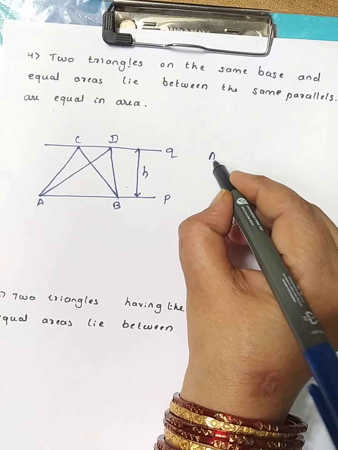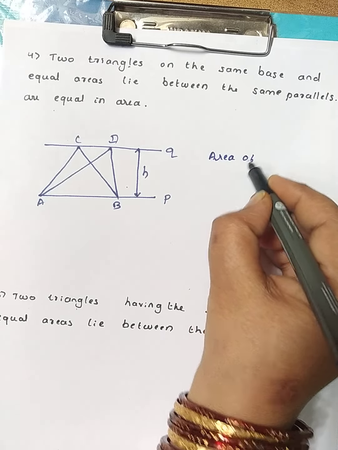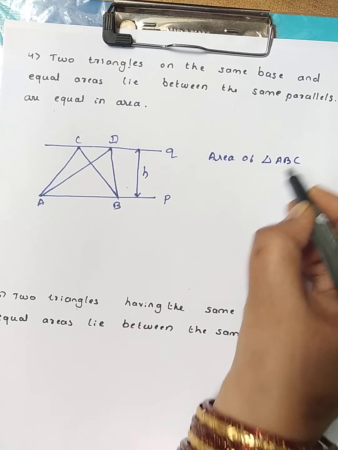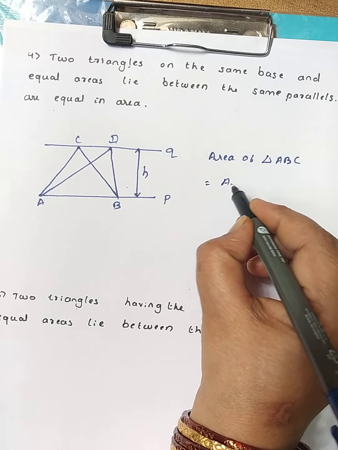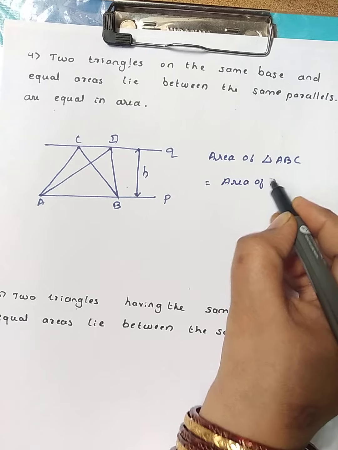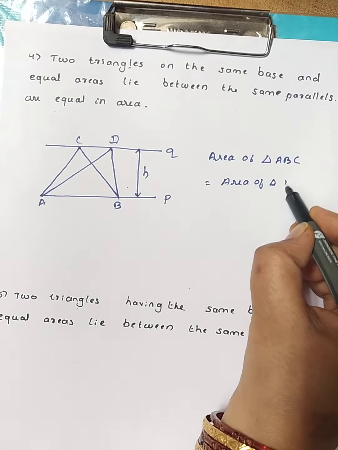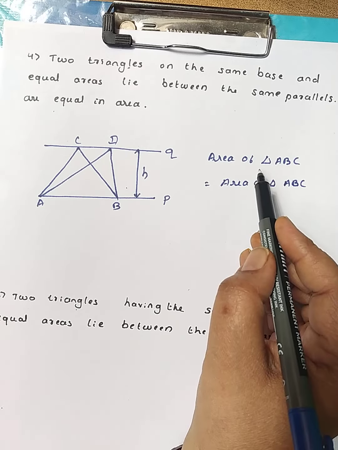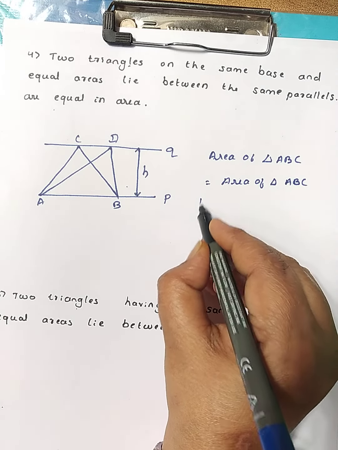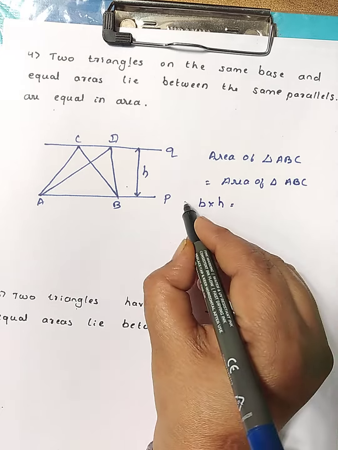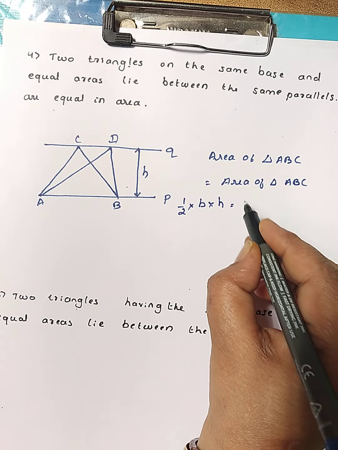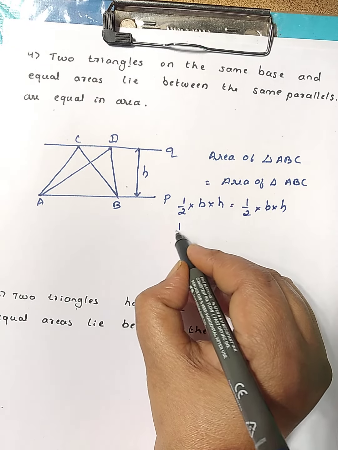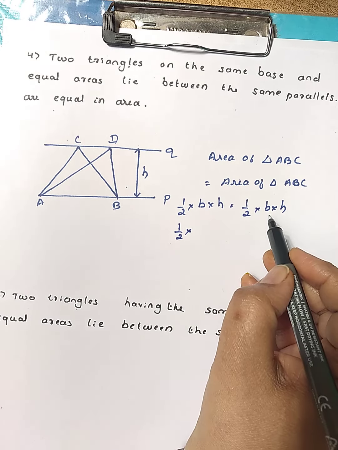That means the area of triangle ABC is equal to the area of triangle ABD. This is the statement. So what is the area of ABC? Half into base into height. What is the base here for both triangles?